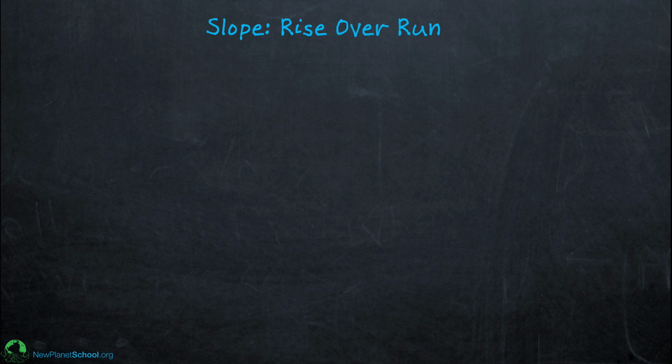Okay, now I wanted to say a little bit about slope, just to relate this to something physical that you can think about in the real world. Suppose you have a triangle like this, and this line right here that goes like this has some slope.